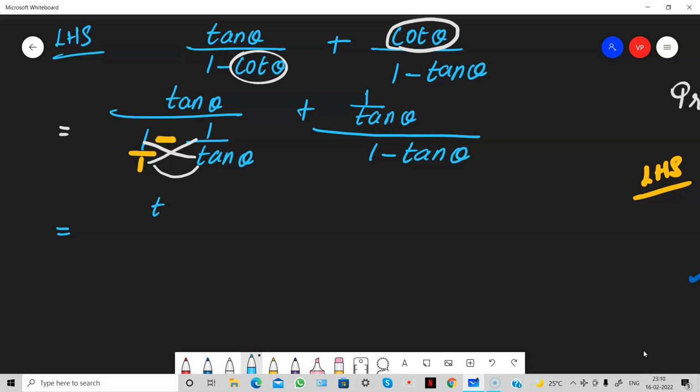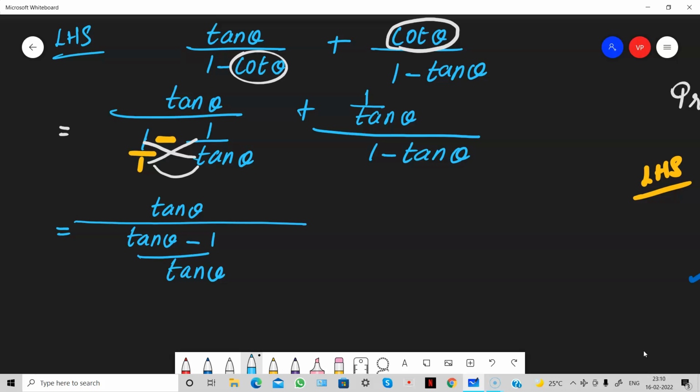Write this tan theta as it is, by 1 times tan theta minus 1 times 1 by tan theta. Do you understand this step? Or else you can take the LCM method also.